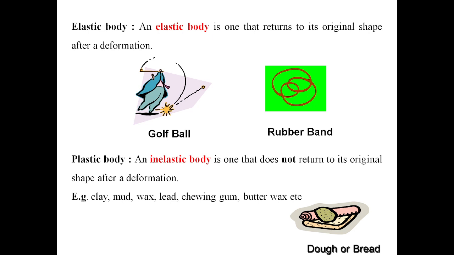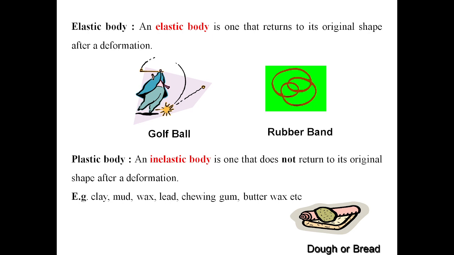When we release it, the rubber band regains its original shape. So the rubber band is considered an elastic body. That is, an elastic body is one that returns to its original shape after a deformation.